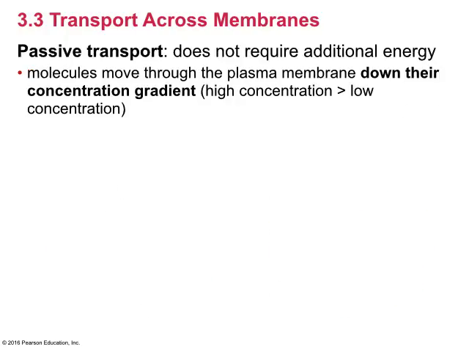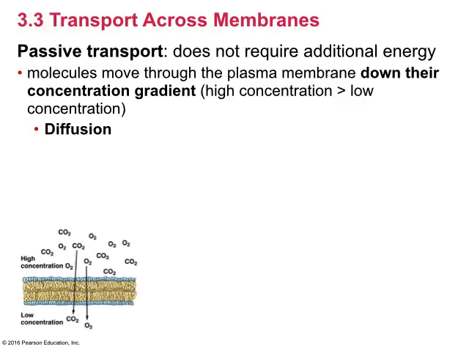So let's look at these two mechanisms. Again, passive transport does not require additional energy. The molecules move through the plasma membrane down their concentration gradient, so it goes with the flow from an area of high concentration to an area of low concentration. And you have three types of passive transport. You have diffusion, where literally these small nonpolar molecules will diffuse through the plasma membrane using that concentration gradient.